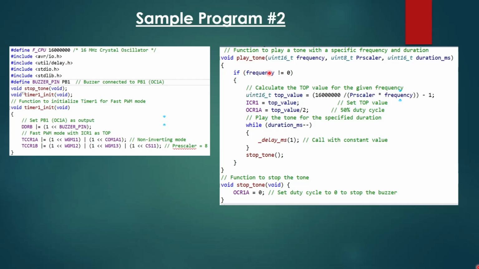The input for this routine is going to be the desired frequency, desired prescaler, and then how long we want that tune to be played. So I start with an if statement where I say if the frequency is 0, don't do any of this stuff.